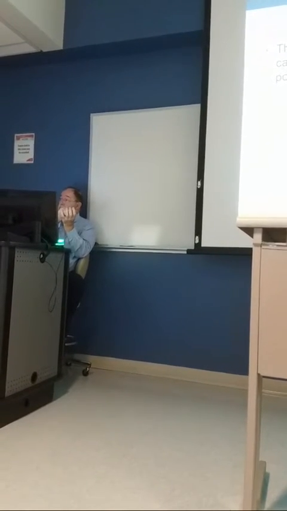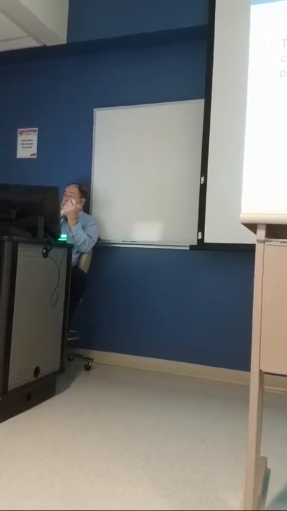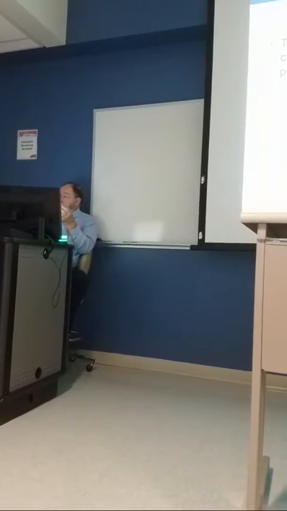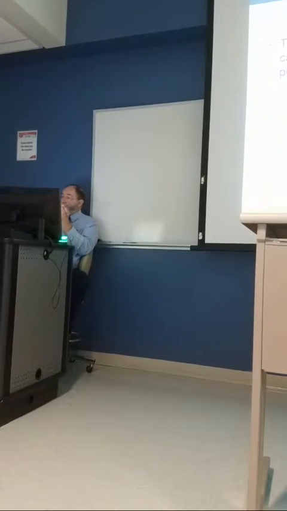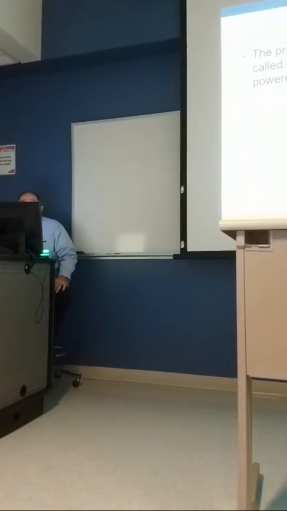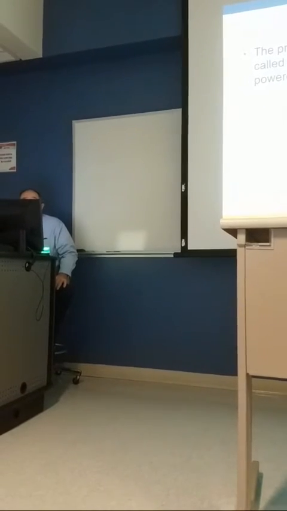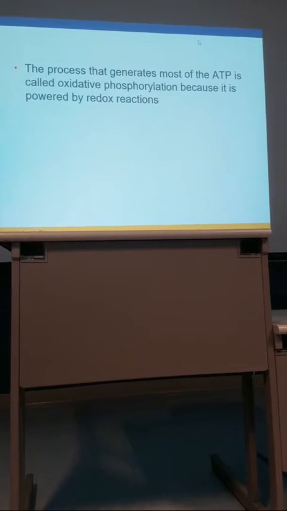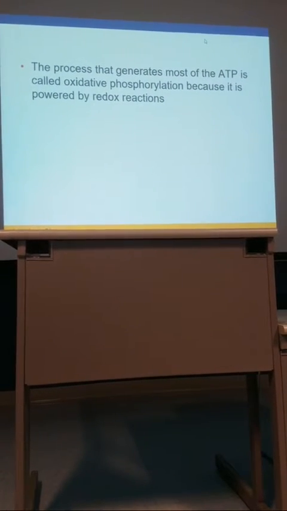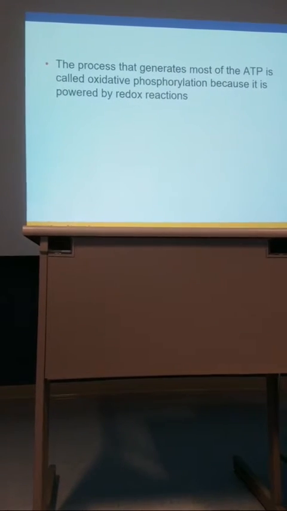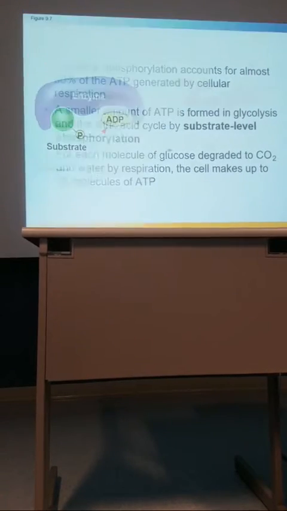It reduces the amount of energy needed to make that reaction happen. Then something is oxidized, gives up energy, and then phosphorylation occurs. That's called substrate level phosphorylation, and remember, oxidative phosphorylation occurs only in the electron transport system. Substrate phosphorylation occurs in glycolysis and the citric acid cycle.